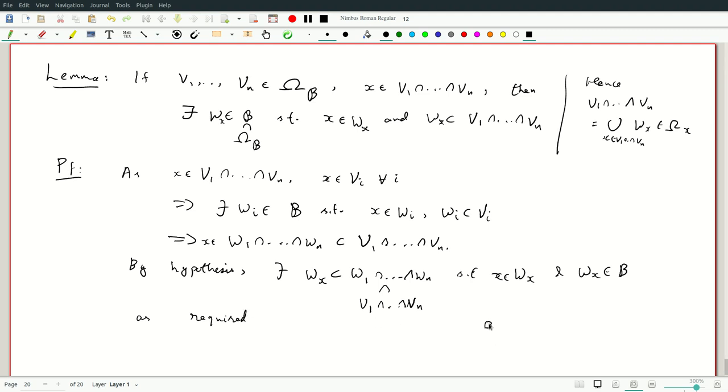And let me emphasize, this proves the theorem. Okay. So to summarize, there was only one non-trivial condition. We saw that there was a non-degeneracy condition, which is essentially simple. That is the condition that every point is in some basis element.